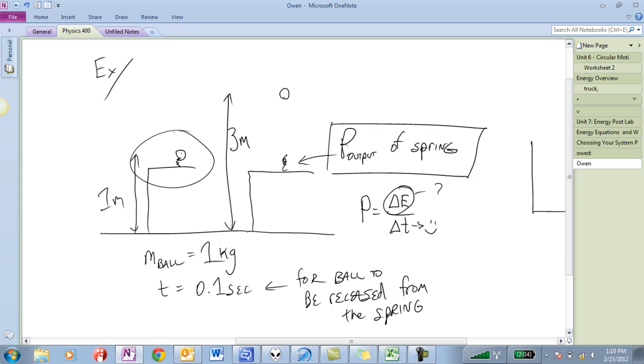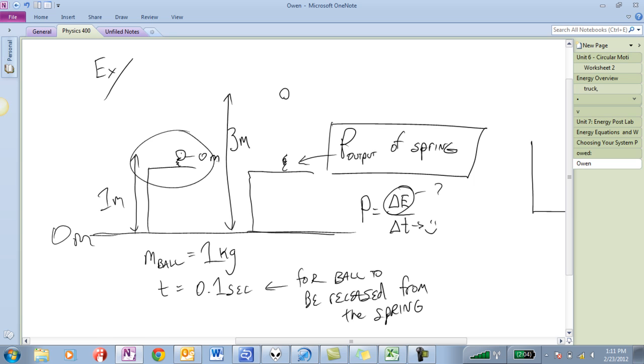If you put your zero marker down there, you would say there is energy stored gravitationally at this point. However, if you wanted to, you could put your zero marker right there. And you can solve this problem as well.